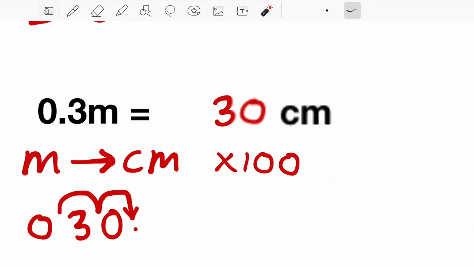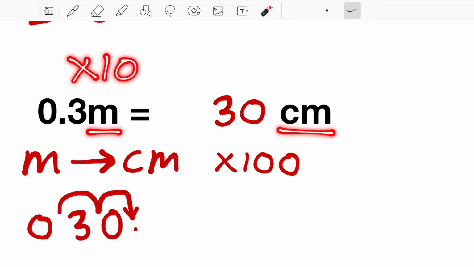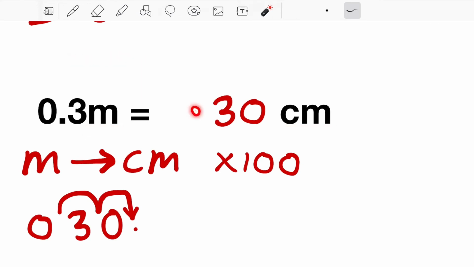In order to go from meters to centimeters, we want to multiply by 100, which simply means to shift the point 2 places to the right, so it becomes 30 centimeters.